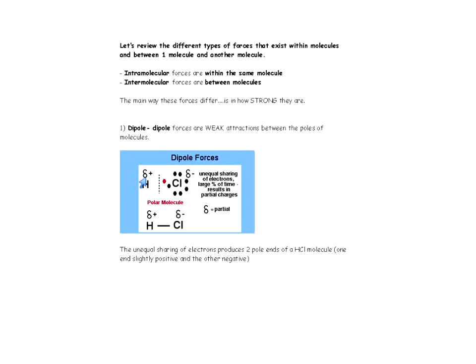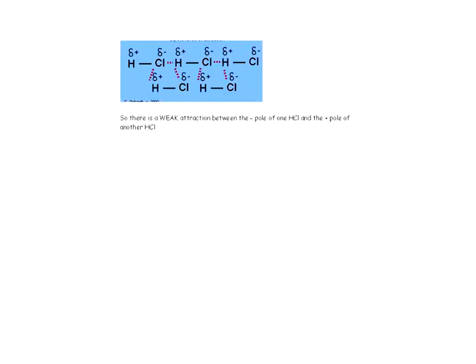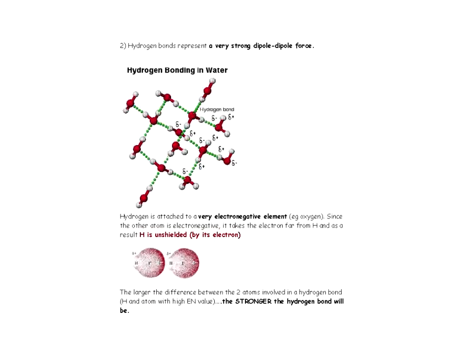But the negative from Cl is going to be attracted to the positive from another HCl molecule. There's a picture of that here. You can see a bunch of the molecules together. This one's slightly positive, and that's attracted to this side here that's slightly negative. Again, it's a weak attraction when we're talking about a dipole-dipole force.